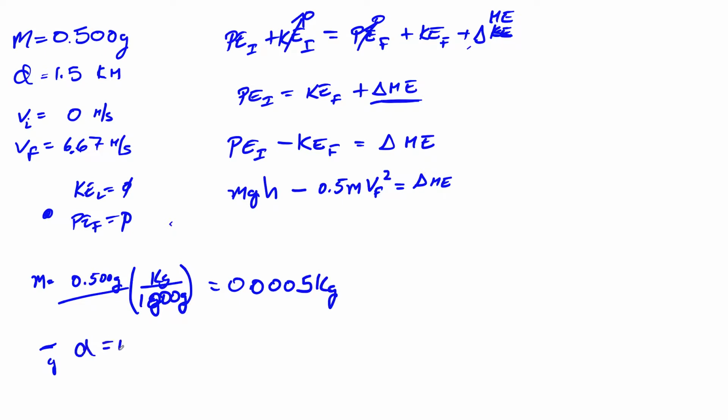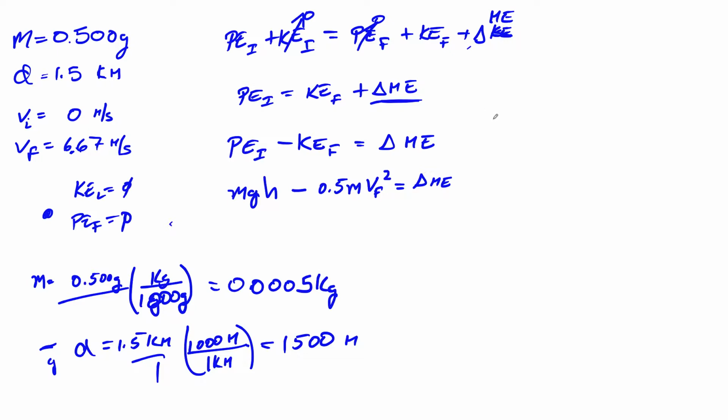Distance is 1.5 kilometers, and we need to convert that. 1 kilometer is equal to 1,000 meters, so that's equal to 1,500 meters. So we did all the conversions. Velocity is the same.